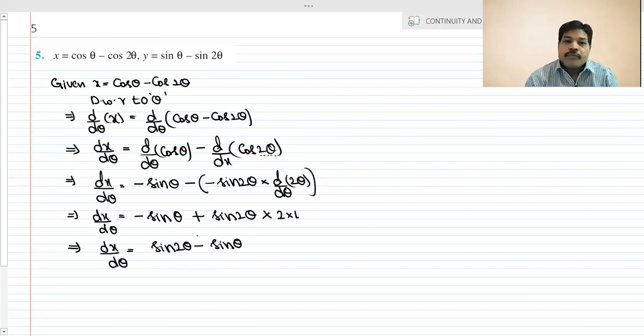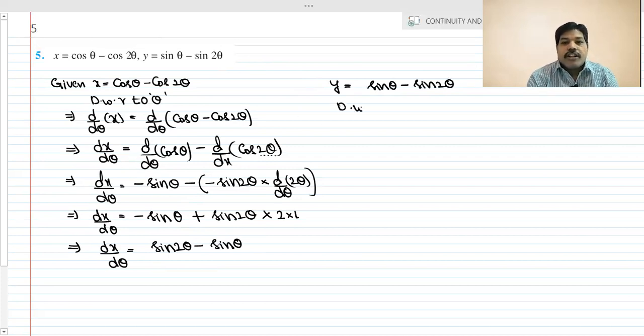I understand that. So similarly, let the given y be equal to, what is the y value, students? Take the y value. y is equal to sine theta minus sine 2 theta. What happens?